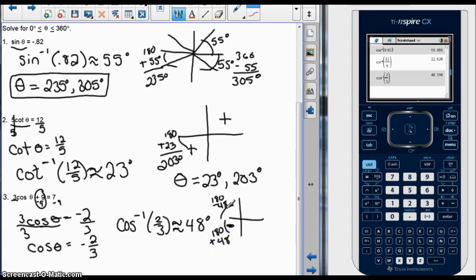So 180 minus 48 is 132 degrees. 180 plus 48 is 228 degrees. So theta would be 132 or 228.